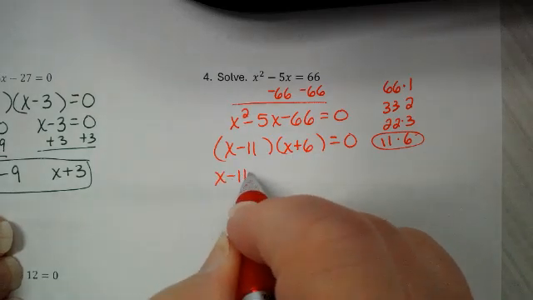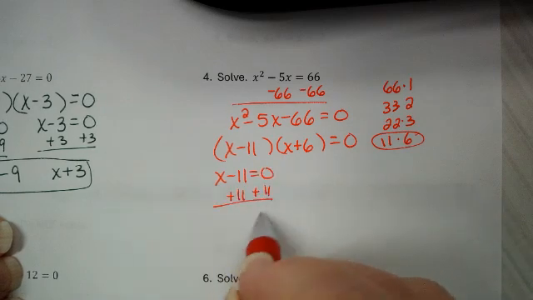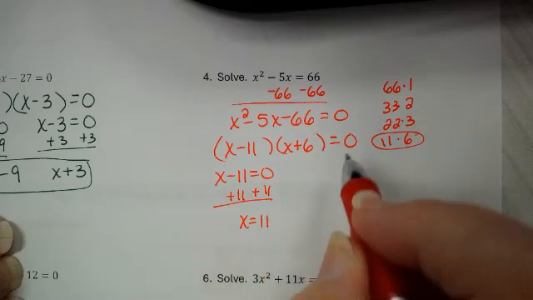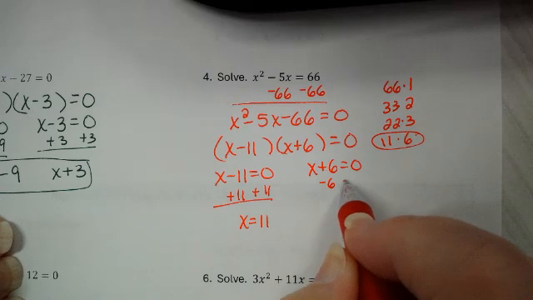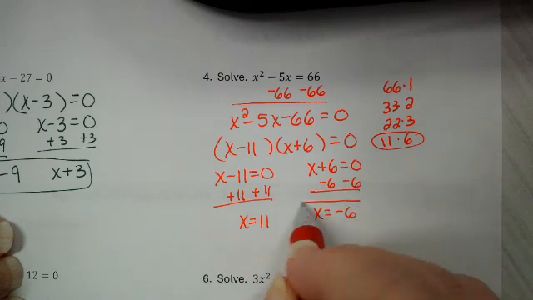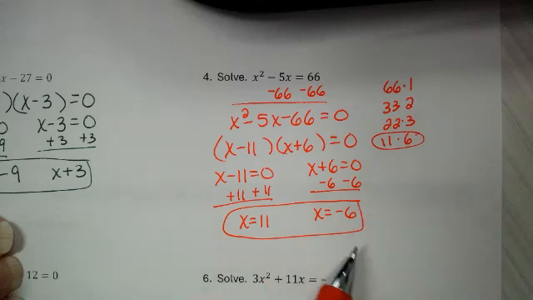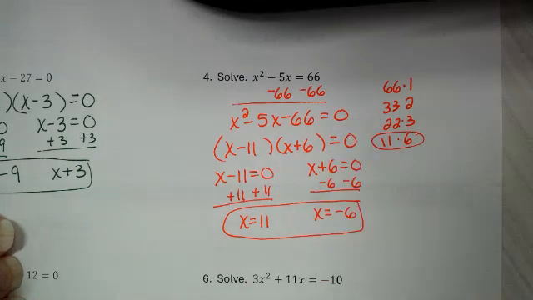So what makes x minus 11 equal 0? I'm going to say that's 11. What makes x plus 6 equal 0? I think that's negative 6. And again, you can check these in your calculator by plugging these values in for x and make sure they work.